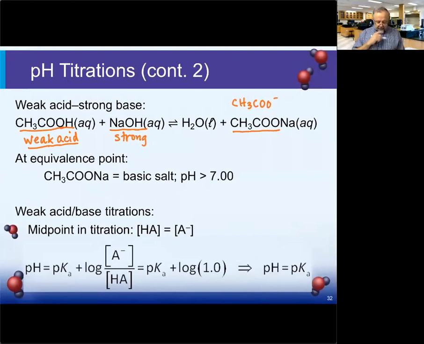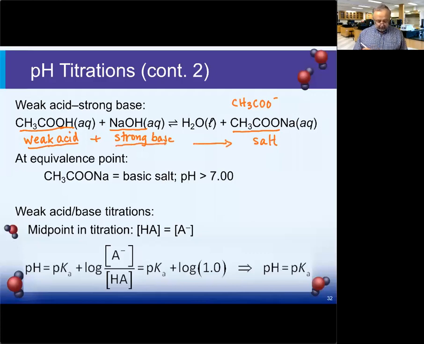Why is that? Because when you look at this reaction, you are reacting an acid and a strong base, and what you're forming is the salt. Remember when we talked about acid-base properties of salts, we talked about the parents of the salt. The parents of the salt are going to be NaOH and acetic acid.